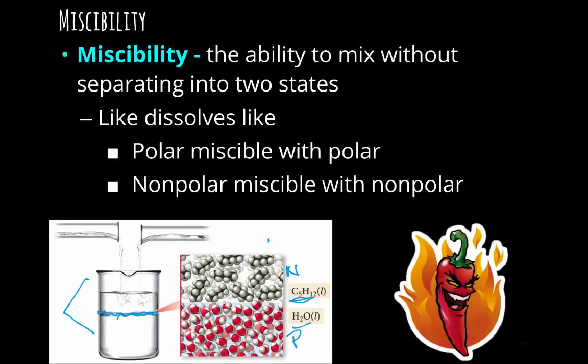So it's not going to do anything to dissolve that compound. The best way to relieve that is to eat or drink something that is the same type of compound, something that is nonpolar. Something like milk, or any kind of dairy product that has that nonpolar property, is going to help to dissolve that oil and then get rid of the pain that you're experiencing.